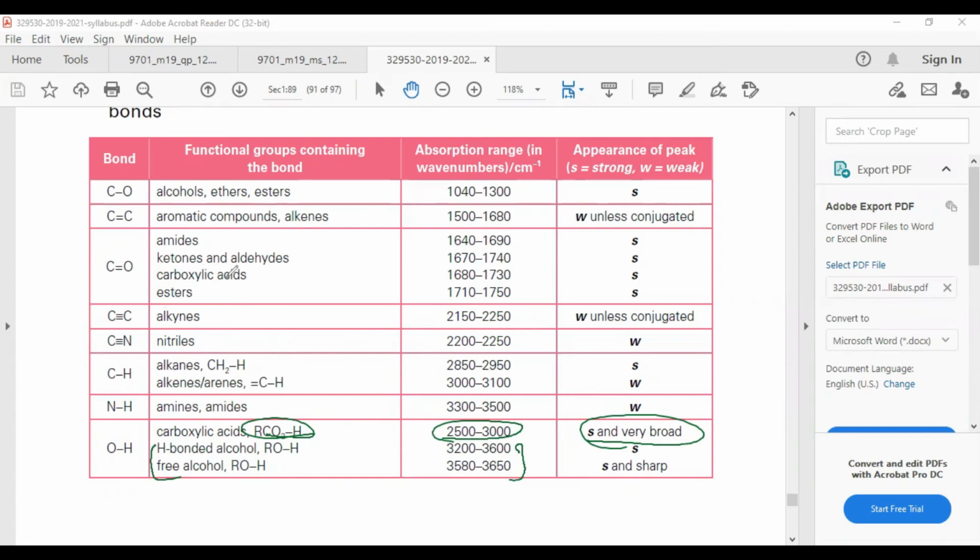And the carbon oxygen bond, this one, C double bond O. Okay.